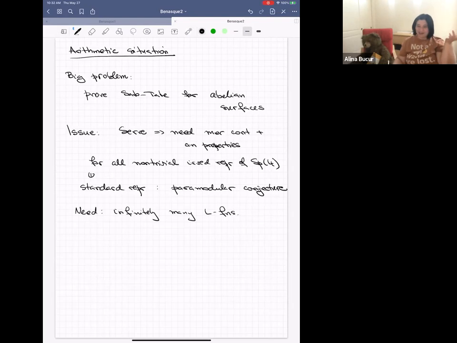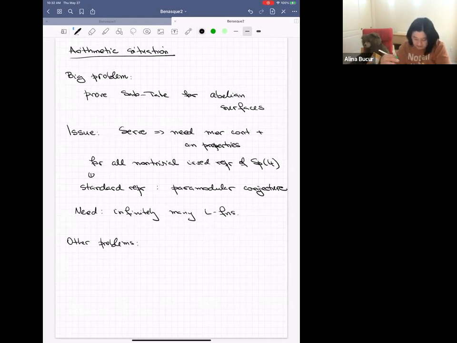But okay, since we are on the topic of Sato-Tate, let me talk about our problems. In general, the Sato-Tate is formulated for abelian varieties of dimension d.